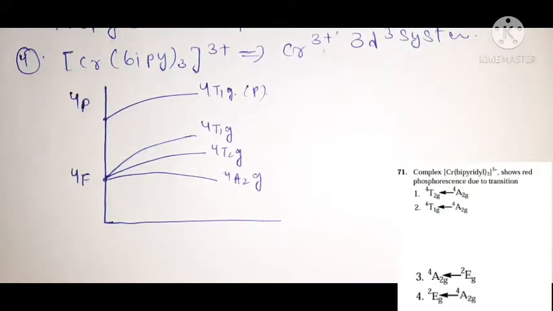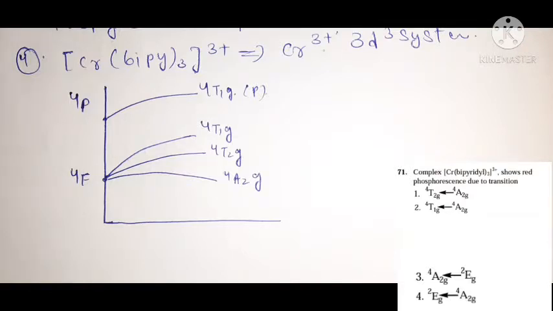Now in this question they will ask you about red phosphorescence, and we know very well what the condition for red phosphorescence is. Red phosphorescence occurs when a spin forbidden transition occurs from higher energy state to ground state.